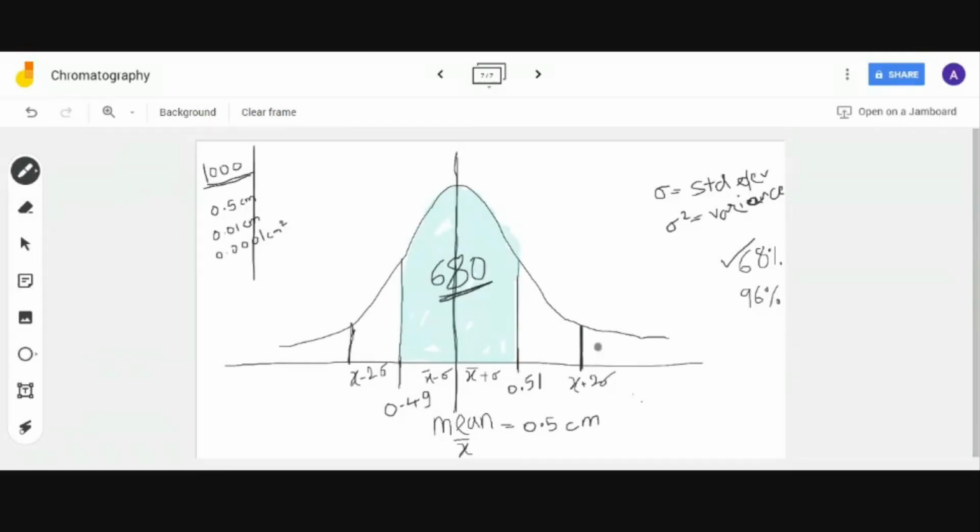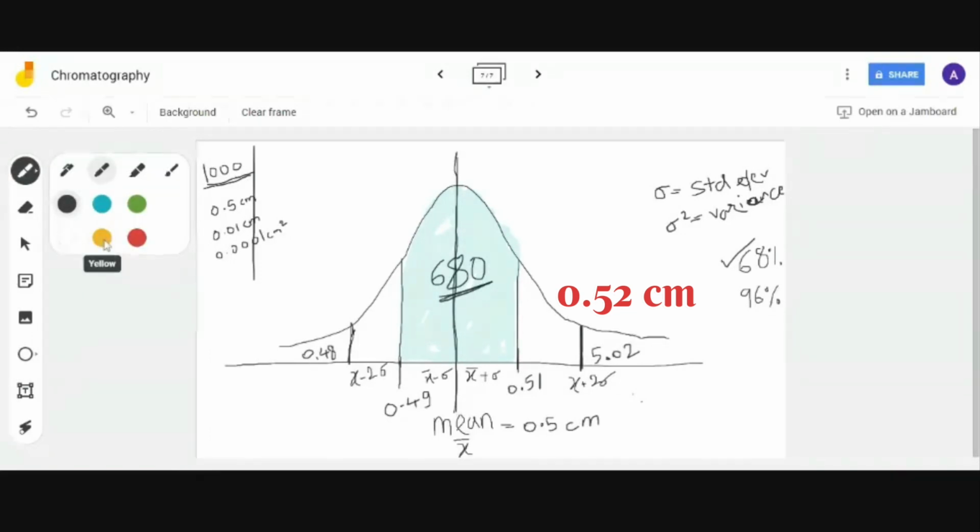Okay, the area is 5.02 centimeter, and it is 0.48 centimeter. Okay, so now I will change the color of the brush.